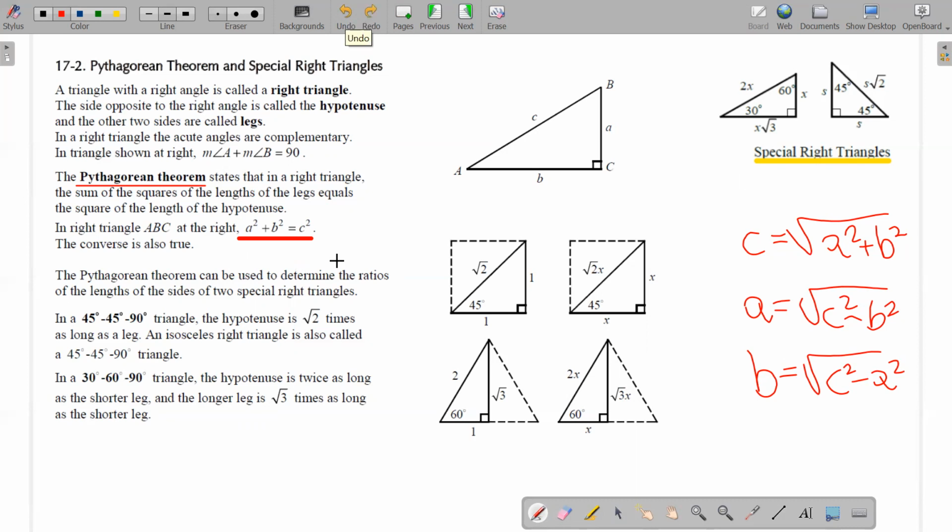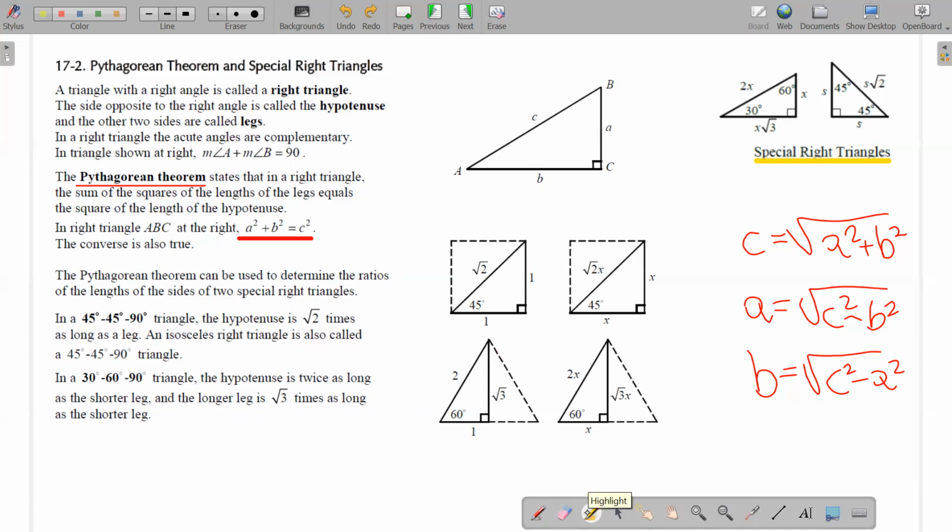But then with right triangles, we can use special right triangles. Now, what is a special right triangle? Special right triangles are ratios regarding measurement of the sides of the triangles. Since the angles of triangles never change, for an equilateral triangle, we always have a 60, 60, 60 triangle.